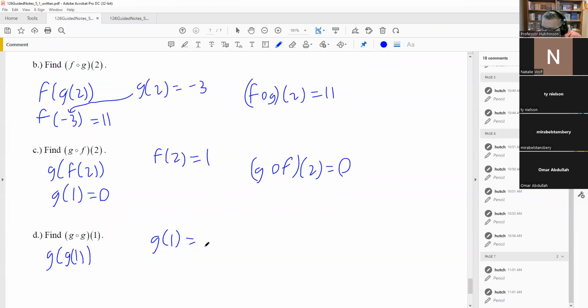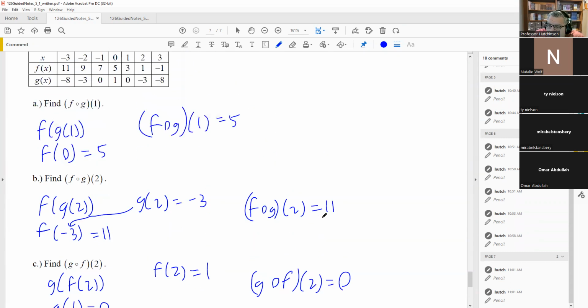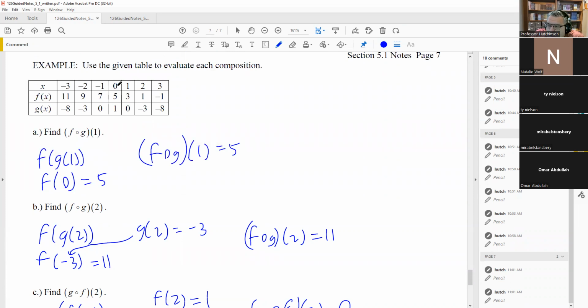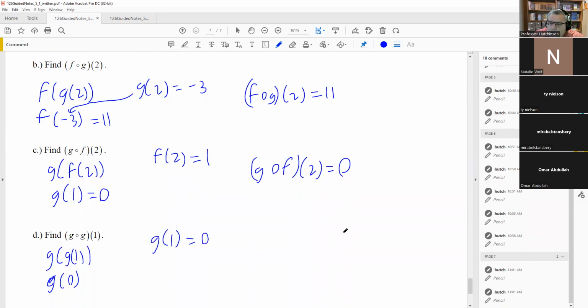So now the problem becomes g of 0. Go to 0, then g of x, you get a 1. So g of 0 equals 1. It is the answer to the whole problem. g of g of 1 equals 1.